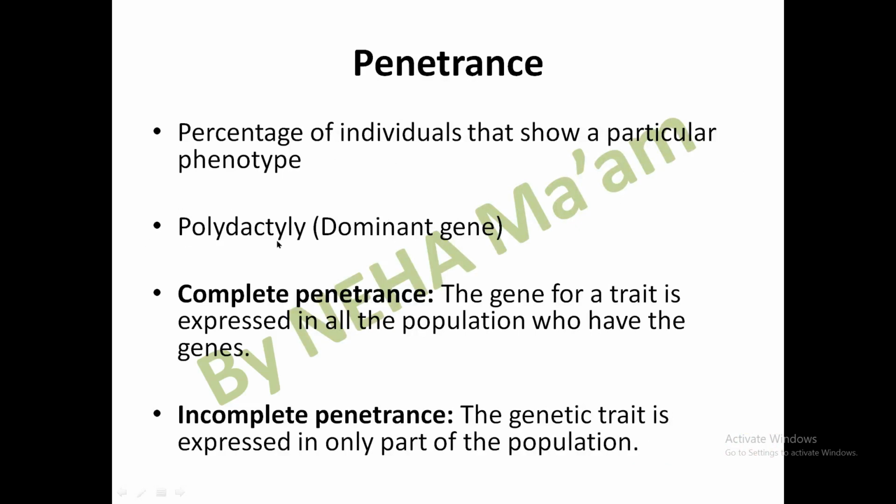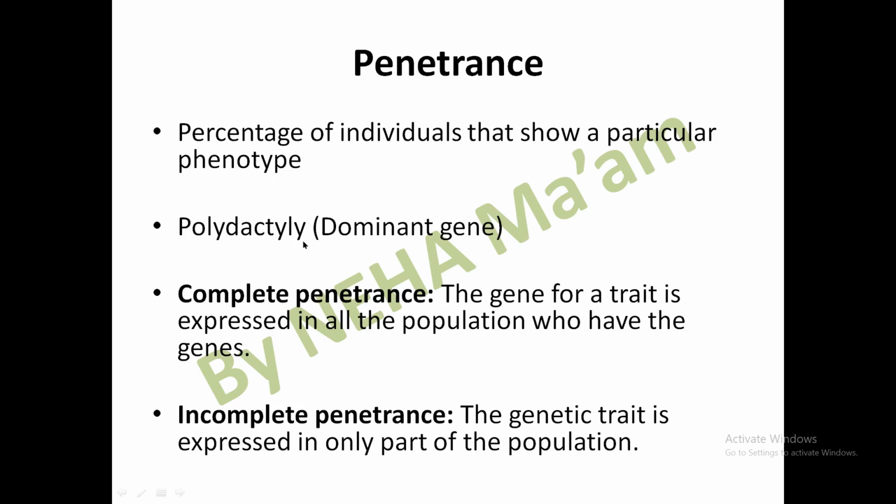Polydactyly is a trait of presence of more than 5 fingers in a single hand of an individual, and this trait is basically controlled by a dominant gene. So the homozygous recessive individuals will not show this trait, but among heterozygous individuals, the individuals which are heterozygous dominant, only some of the individuals are there which are capable of showing this trait.